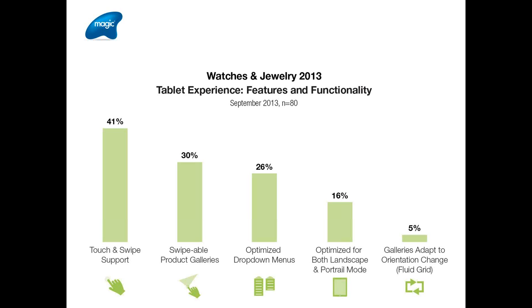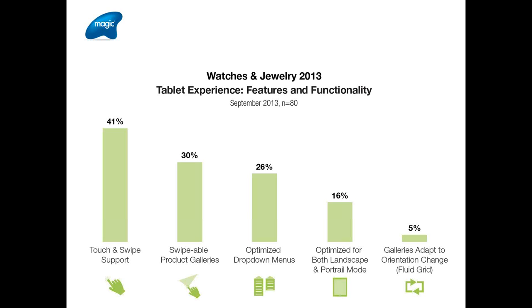And if we look at the interaction, it's interesting what's being used in the jewelry sector today. They looked at 80 applications and found that 41% of them, for example, were using touch and swipe support. Well, that means 60% of them aren't. That's not necessarily a good report card. Swipeable product galleries are used by less than a third of these environments.